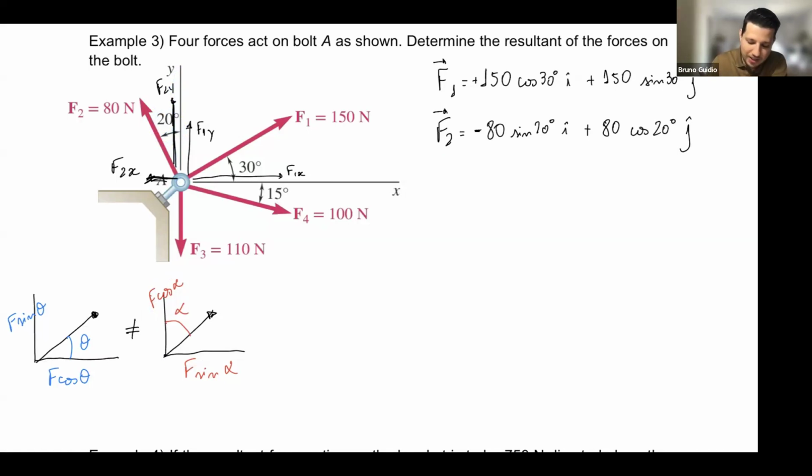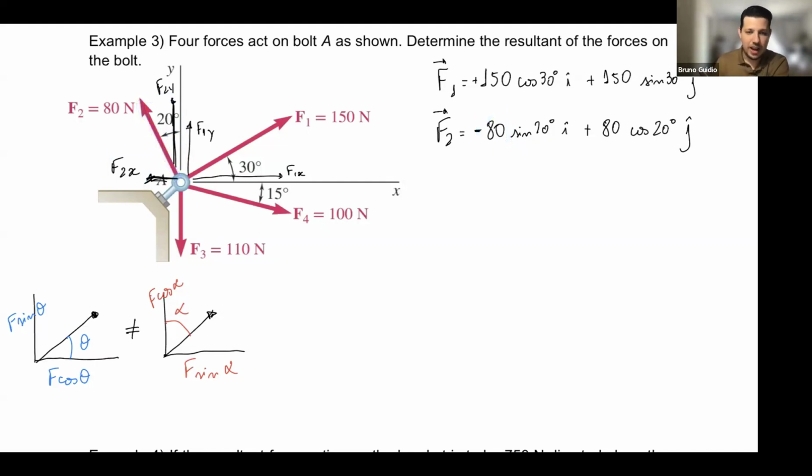And why is that? Because once you close the triangle here, what is sine? Sine is opposite, F2 over hypotenuse, 80 sine 20.